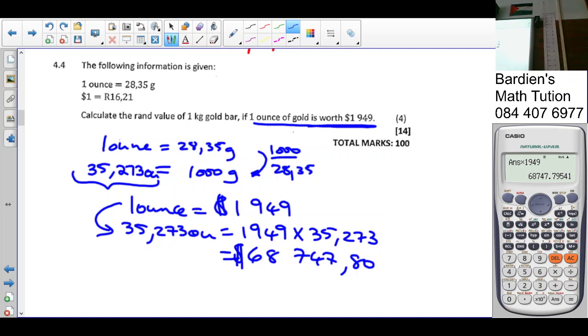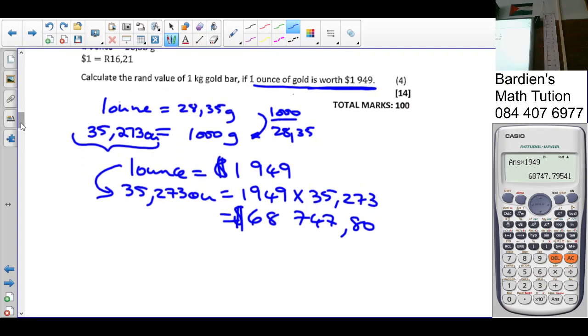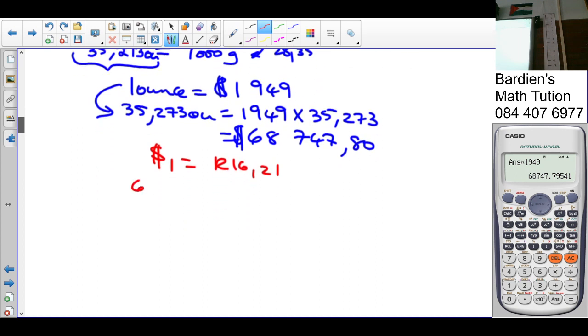But they want you to work it out in rands. Not so? So look here, $1 is equal to 16 rand and 21 cents. Not so? So 68,747 dollars and 80 cents is equal to 16 rand and 21 multiplied by. So how do I move from 1 to that?